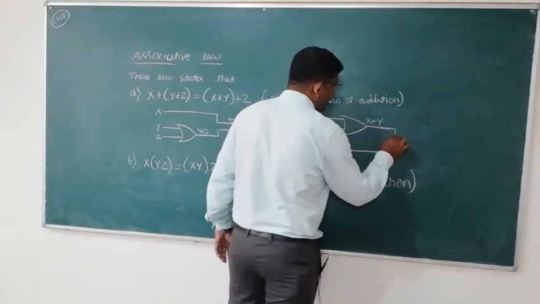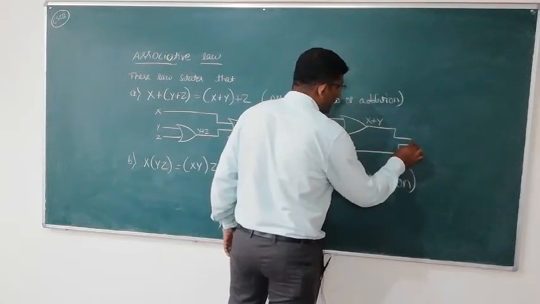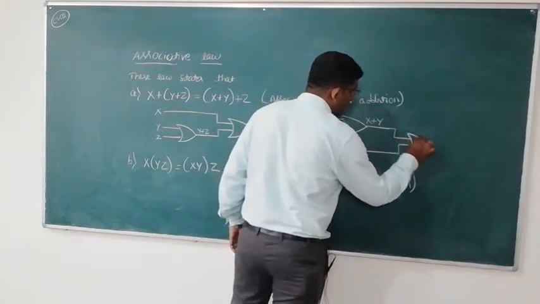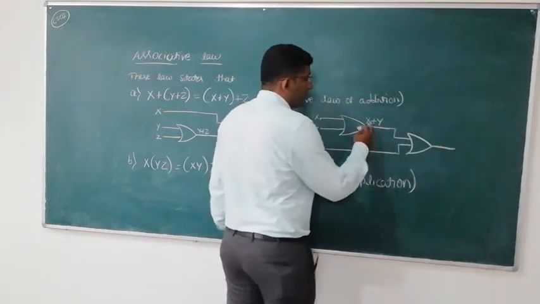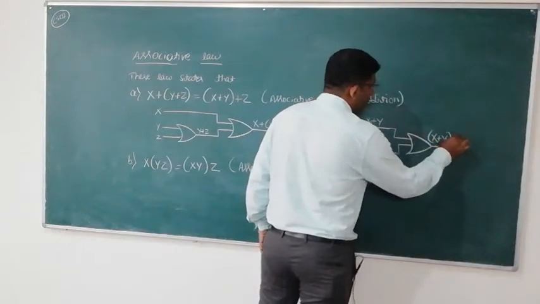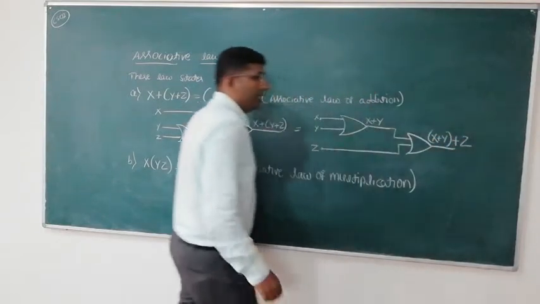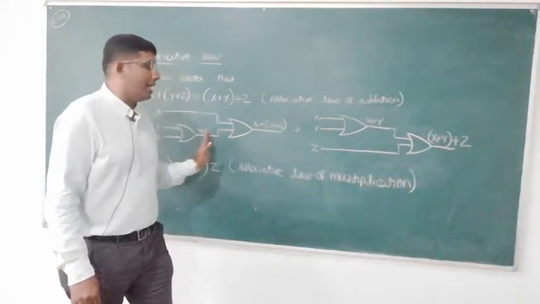The output of the first gate will be taken as input for the second gate, and z will be considered as the second input. If I am considering this expression, x plus y will be treated as a single term, that is x plus y plus z. We are saying that both are equal or both are identical.